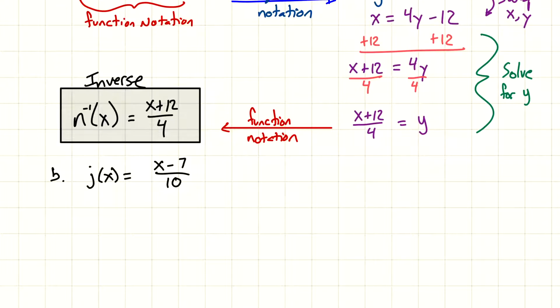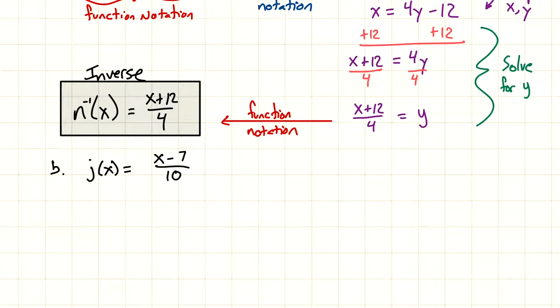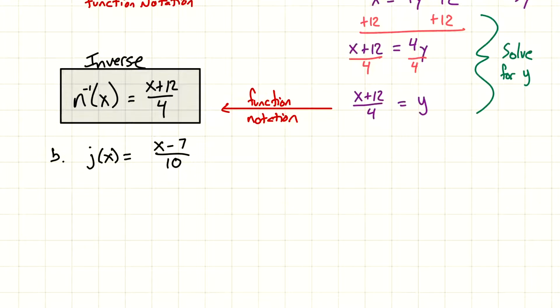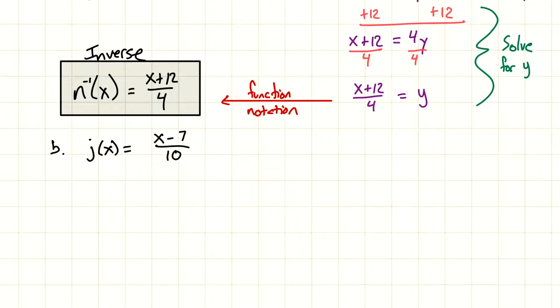All right, so now let's try this again. So we have this other function, j of x equals x minus 7 over 10. Let's follow the same process where we're going to change this to equation notation, right?